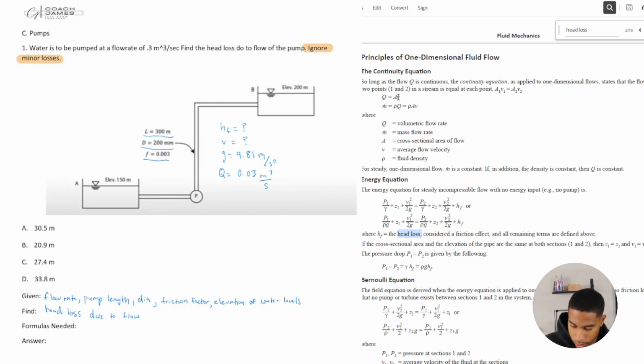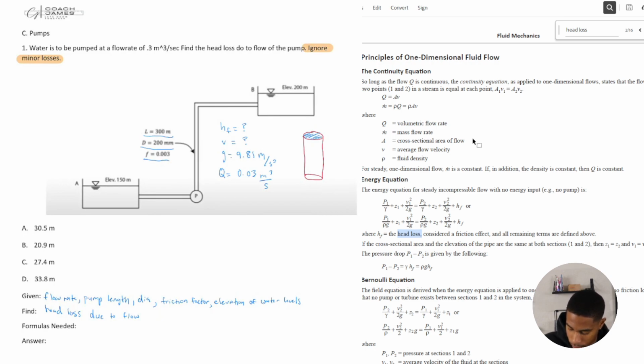So what would A be? Well, A is the cross-sectional area of flow, right? We've got this pipe, and the cross-sectional area would be that section right there. They give us the diameter.